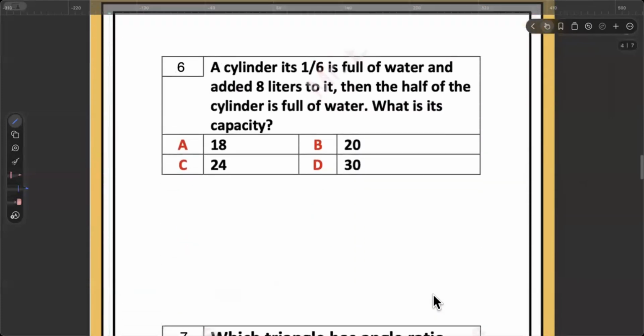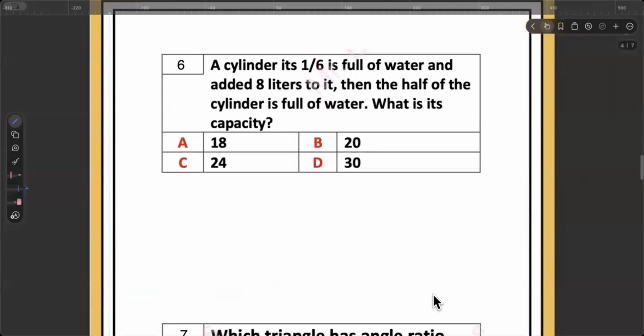For question 6, a cylinder is 1 over 6 full of water, and if we add 8 liters to it, then half of the cylinder is full of water. What is the capacity? Let the volume of the cylinder be x. So 1 over 6 x plus 8 equals half the cylinder, which equals half x.